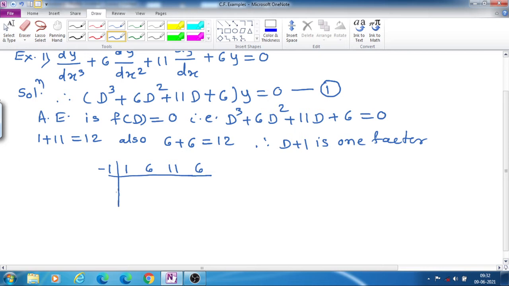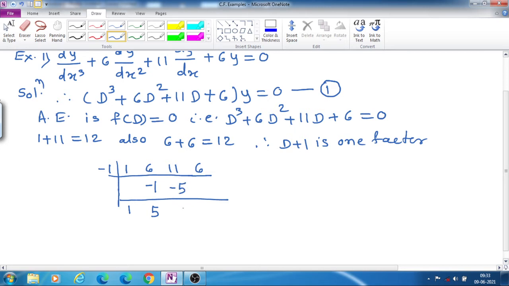So here first write this first digit as it is. So here is 1 as it is. Now take product of this digit and this minus 1. So this is minus 1 product. 6 minus 1, take addition of this. 6 minus 1 is 5. Multiplication of minus 1 and 5 is minus 5.